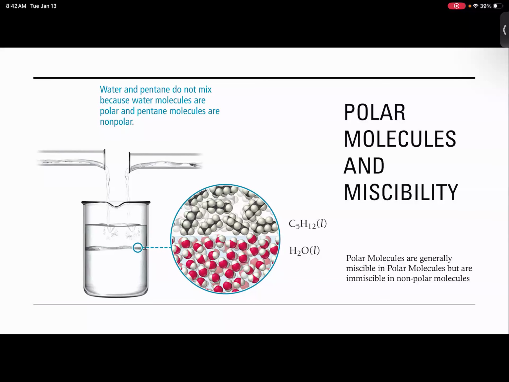Another cue that something is polar or nonpolar. Polar molecules typically have oxygen, nitrogen, fluorine, chlorine, sulfur as a central atom.